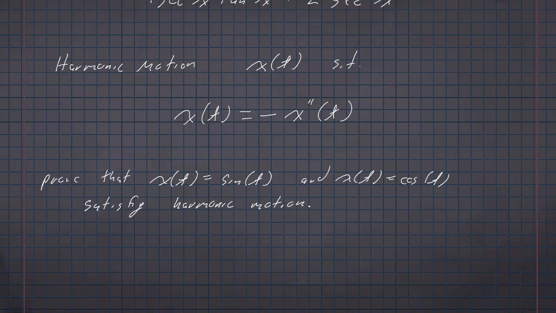I would like you to take a look at the two canonical examples of harmonic motion, x of t equals sine of t and x of t equals cosine of t, and prove that they satisfy this rule of harmonic motion.